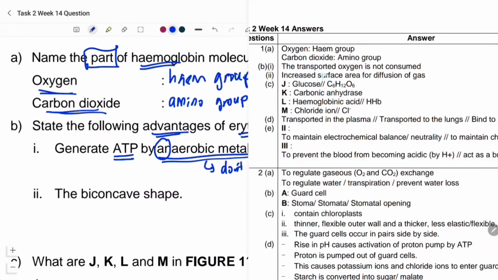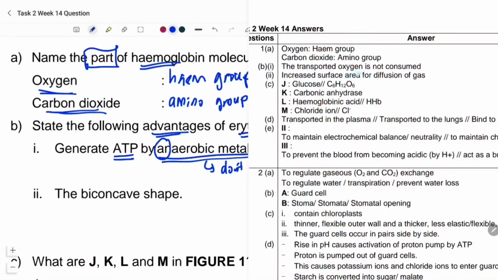So jawapannya adalah so that the red blood cell itself will not use the oxygen that it is transporting, okay, ataupun the transported oxygen is not consumed. So red blood cell tadi kerja dia untuk mentransport oksigen saja. So the cell itself will not use any oxygen that it is currently transporting.